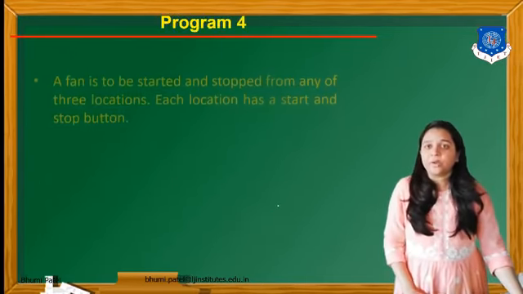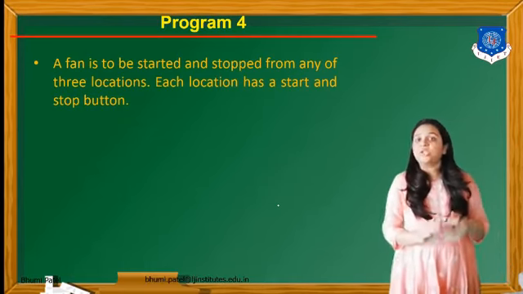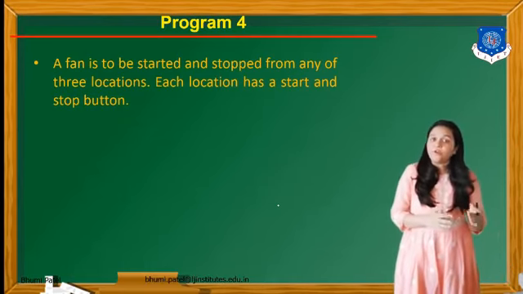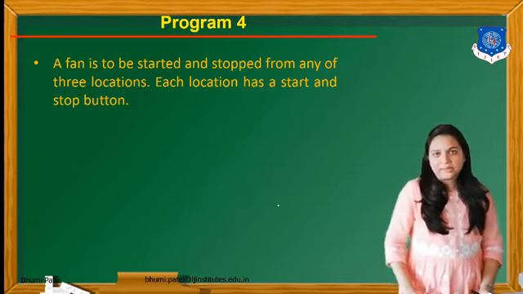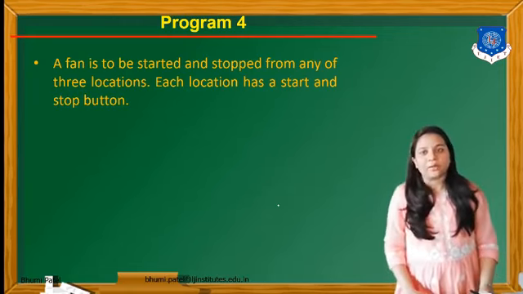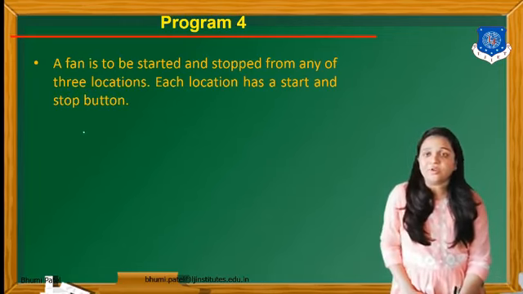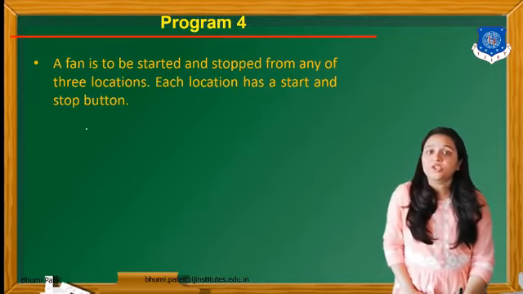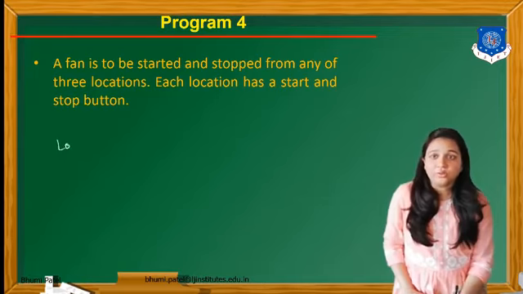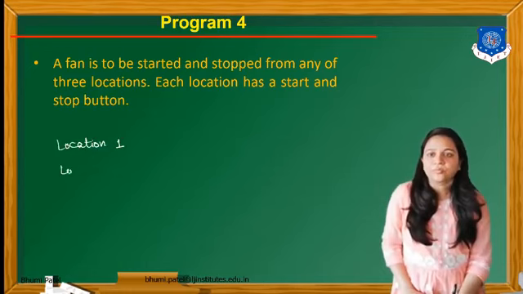Now the last program: a fan is to be started and stopped from any of 3 locations. Each location has a start and a stop button. Okay, so it is very easy. First of all, we have to decide the start and stop buttons. So we write location number 1, location number 2 and location 3.